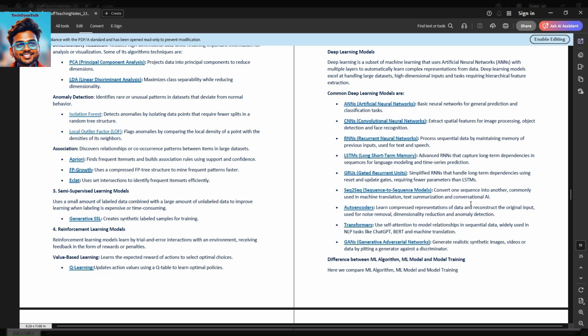Transformers use self-attention to model relationships in sequential data, widely used in NLP tasks like ChatGPT, BERT, and machine translation. And GANs, generative adversarial networks, generate realistic synthetic images, videos, or data by pitting a generator against a discriminator.